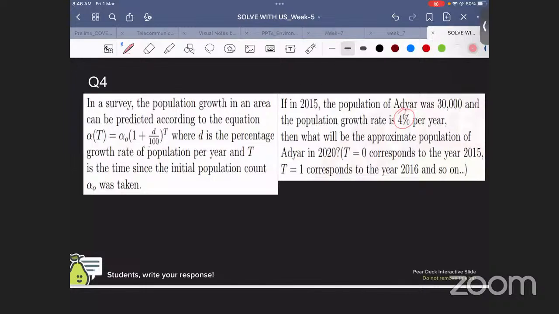Okay. So have you tried this? Has everyone tried this? This is a simple question where your equation has been given. The equation is alpha naught times (1 plus d by 100) to the power t. T is the time, d is the growth, and alpha naught is the starting population.